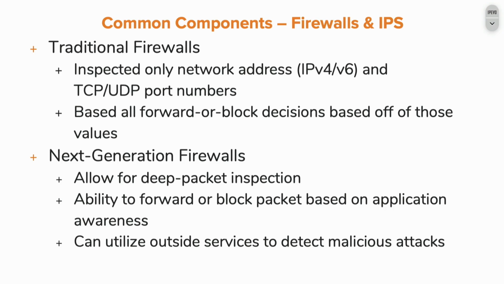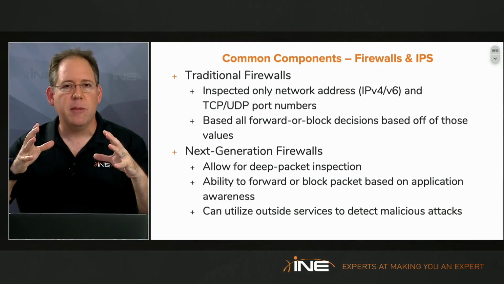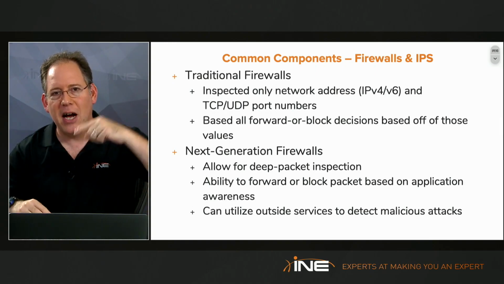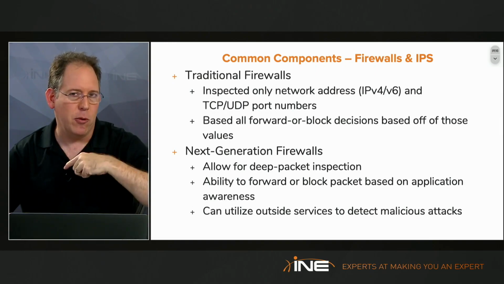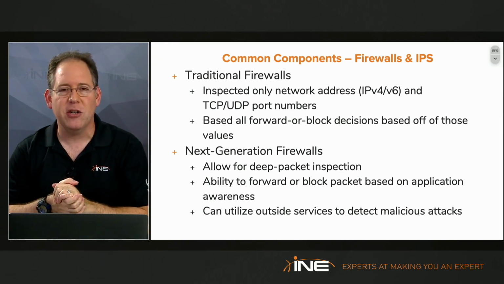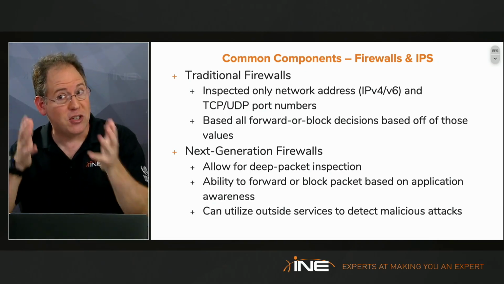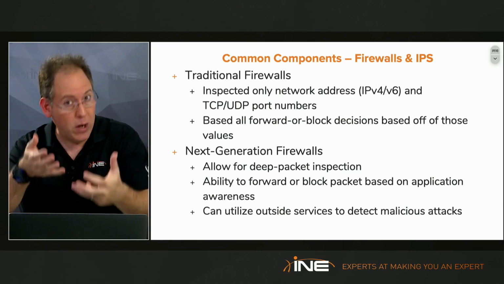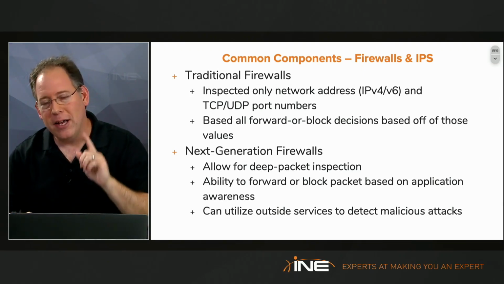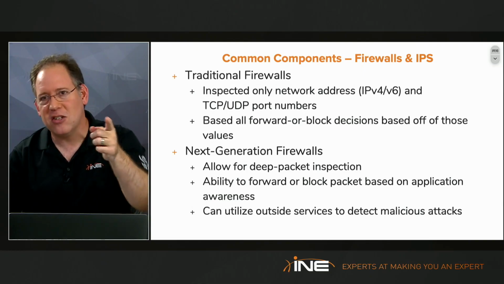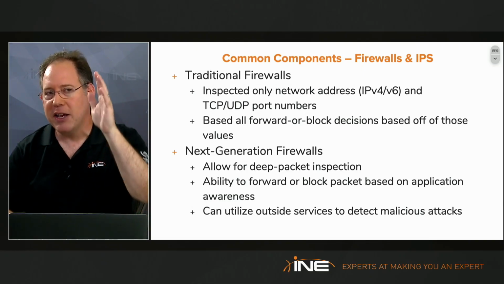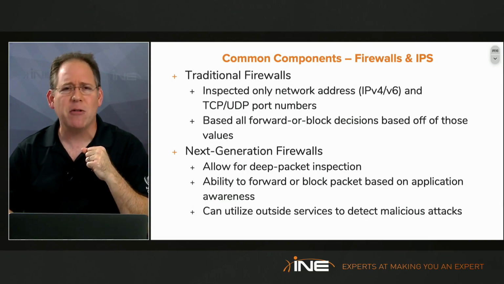A lot of firewalls these days, when you hook them up to your network, have the ability to constantly reach outside of the network. For example, with a lot of Cisco next generation firewalls, when you install them, you actually purchase a subscription to a service that Cisco offers along with the firewall. And so the firewall is constantly talking back to servers at Cisco, saying, give me information about the latest viruses out there.